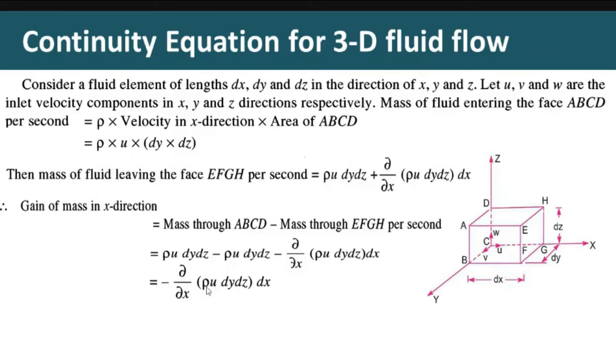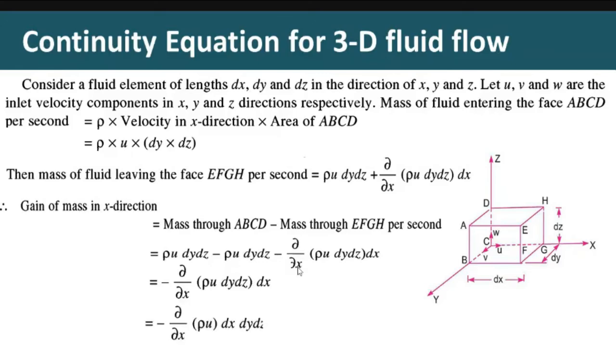Now here, what is rho? Rho is the mass density of the fluid. Suppose it is water, it will be 1000, if it is mercury, it will be 13600, so it is constant. Then what is dy dz? dy dz is also a dimension. Once you select the area, the value of dy dz cannot change, so it is also constant, because they are dimensions, so we will take that outside.